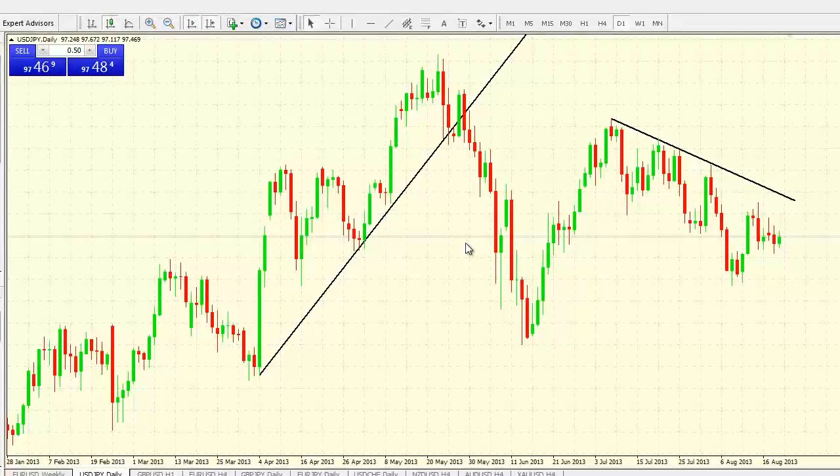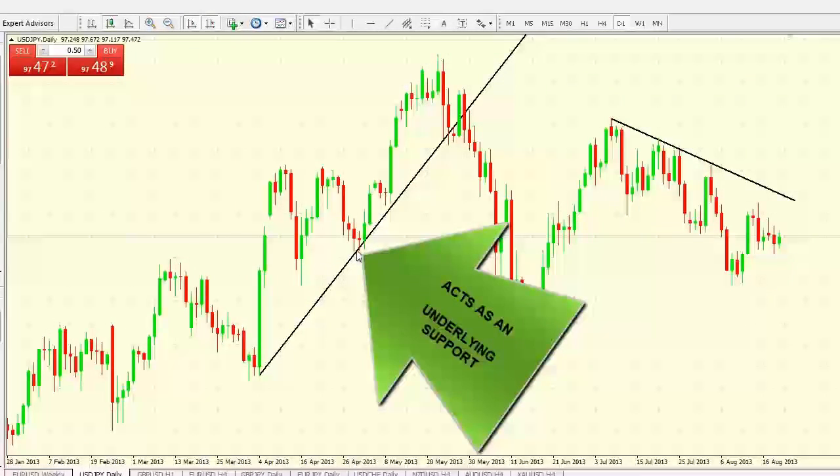Getting back to our dollar-yen chart that we used before, as you can see, this uptrend line is formed by joining the subsequent lows of an ascending price move. It continues to act as an underlying support.